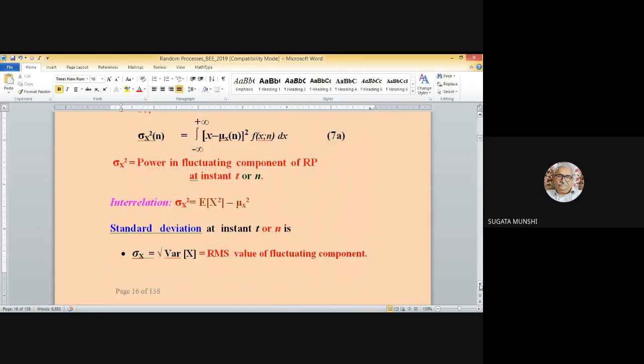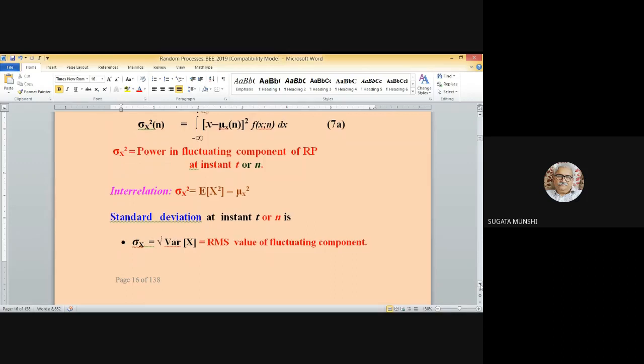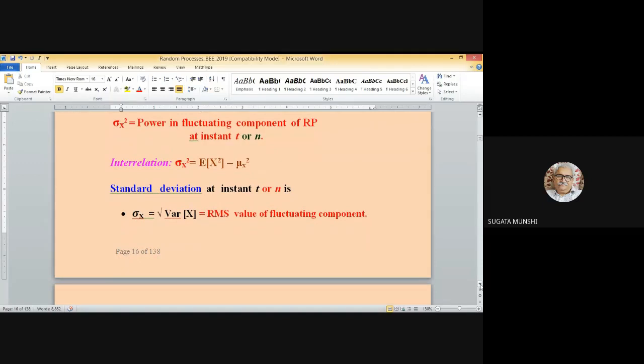Standard deviation gives the RMS value of this fluctuating component. Mean square value is the power in the random process itself, and variance is the power in the fluctuating component of the random process about the ensemble average at instant t or n.